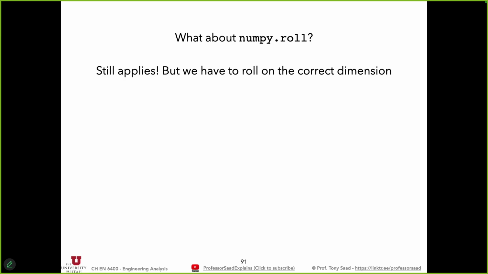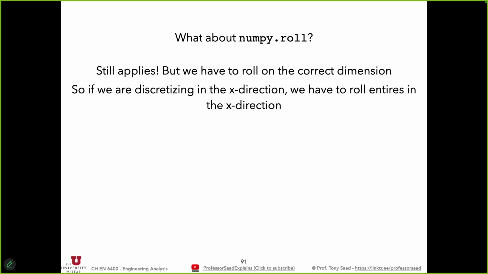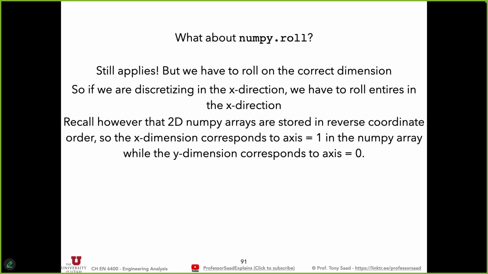So if we are discretizing in the x direction, we need to roll in the x direction. If we are discretizing in the y direction, so that would be y derivatives, we need to roll in the y dimension. Because of how things are stored in Python, Python stores rows first, so that's axis 0, and then columns, that's axis 1.